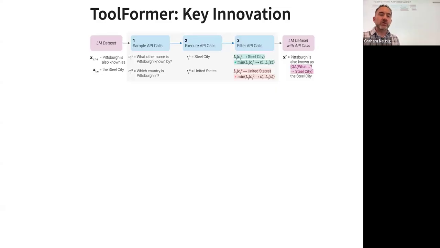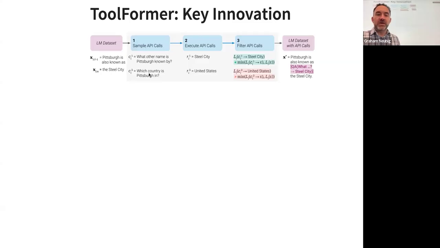The basic way it works is they would have a language model dataset. Surprisingly, this is not a CMU paper, but their example is still about Pittsburgh. It's actually from Meta in London. So they have the LM dataset, and the query was like "Pittsburgh is known as". They turned it into "what other name is Pittsburgh known by", and things like this.